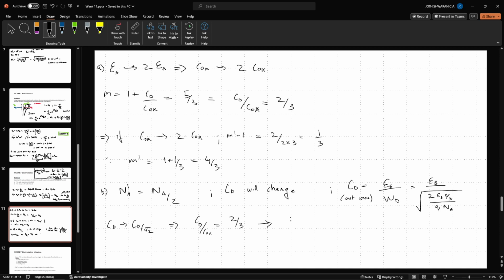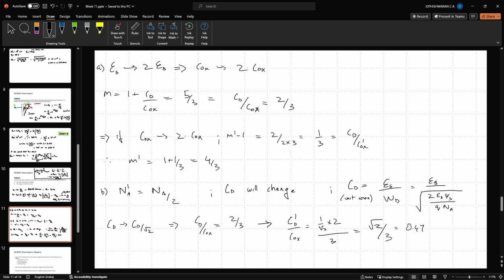So this ratio will become CD dash by Cox. Over here, M minus 1 is equal to CD dash by Cox; Cox does not change, CD changes. This is 1 by root 2 into 2 divided by 3. This is equal to square root of 2 divided by 3. This comes out to be 0.47.